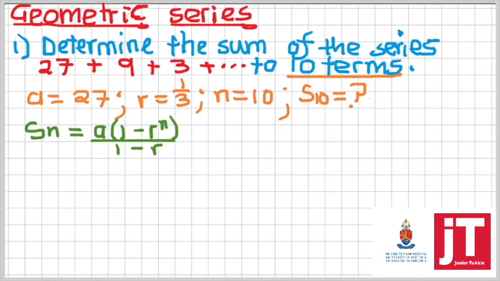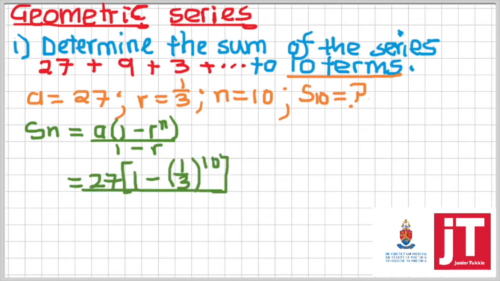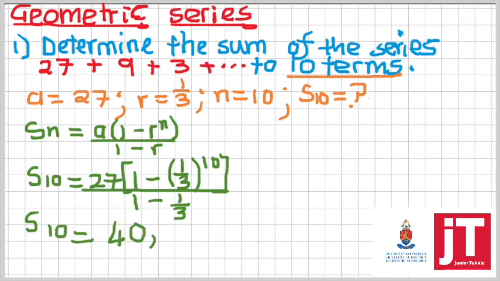Thereafter, we just substitute the values. We're going to have 27 into 1 minus a third to the power 10, all that over 1 minus a third. Simplifying that, we're going to have S10 being equal to 40,5.